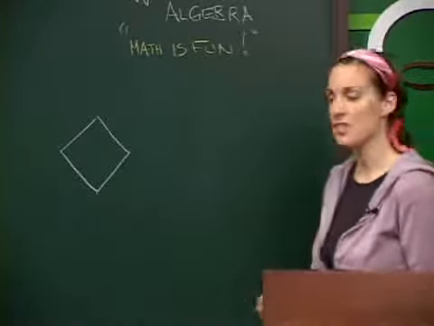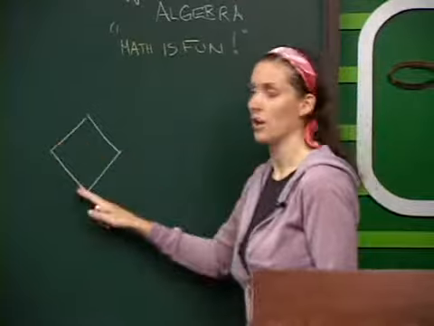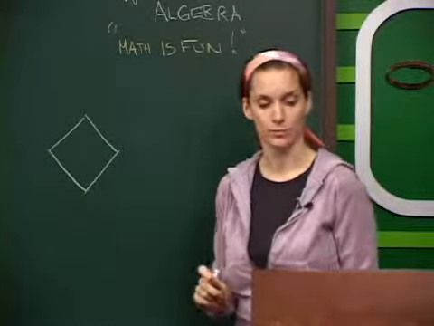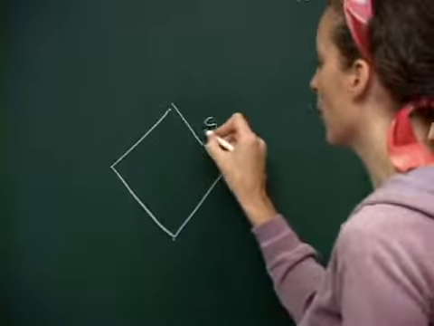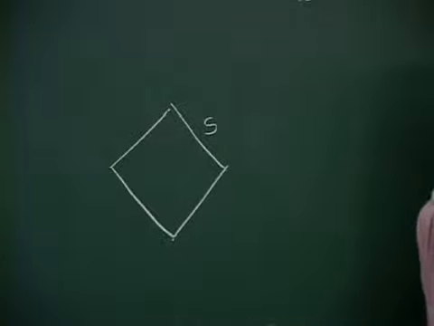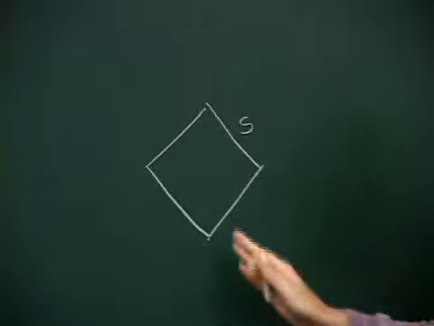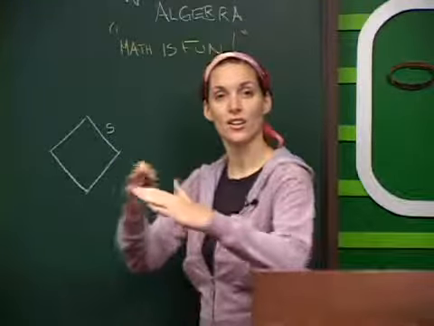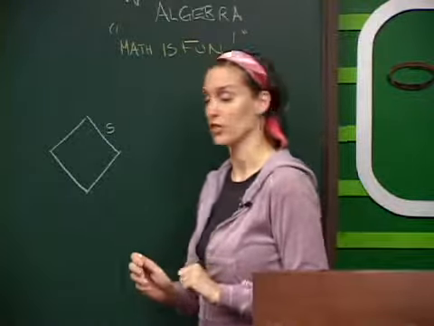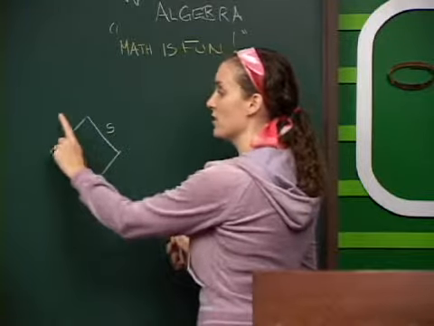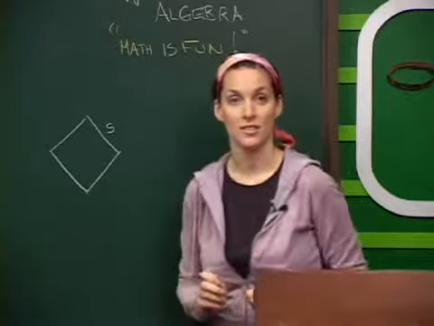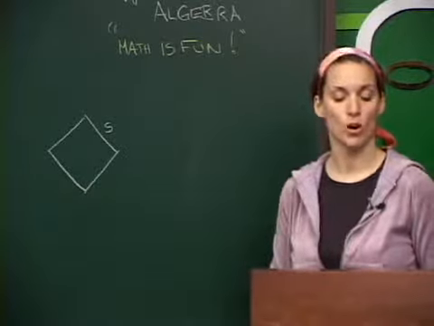Now if I'm looking at this, I want to figure out the perimeter, how long it takes to get around. I'm going to call the length of this side S, just because it stands for side. I know that it's a perfect square, although it may not look totally perfect there. In a baseball field, it is a perfect square. So this would be S, this would be S, and this would be S. So 4 S's is what I want.